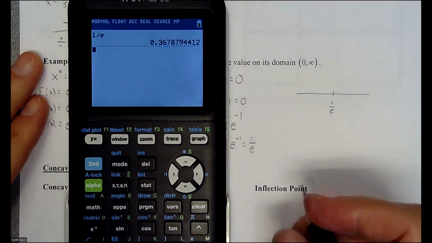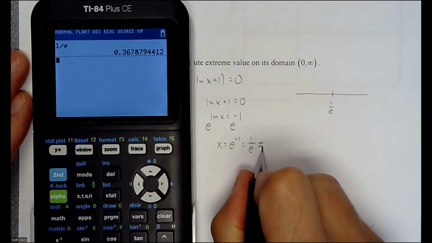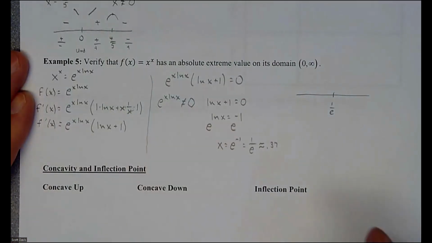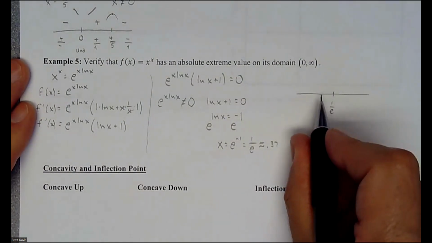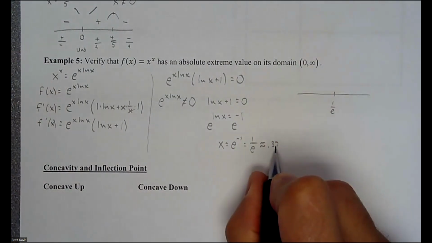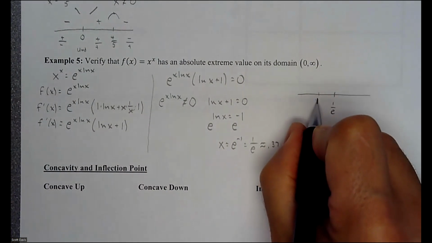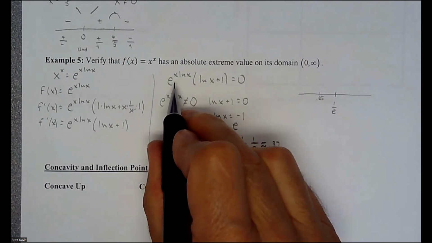It's some decimal, 0.37. All right, so we're going to test the values. I need the decimal because I don't know what that value is, so I need to know some values to plug in on either side. So a value that I could plug in that's smaller, maybe like 0.25, something along those lines.